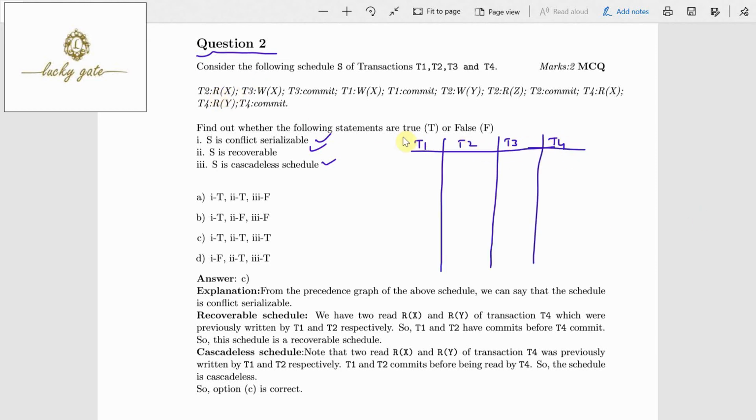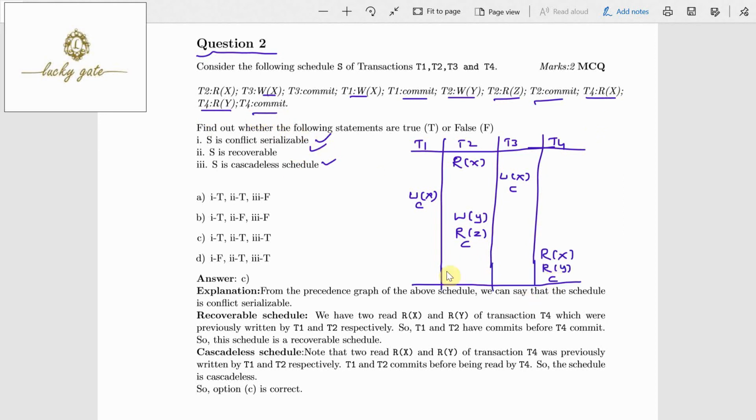Now T2 read X, T3 write X, T3 commit, T1 write X, T1 commit, T2 write Y, T2 read Z, T2 commit, T4 read X, T4 read Y and T4 commit operation. For testing conflict serializability, we should draw a precedence graph.